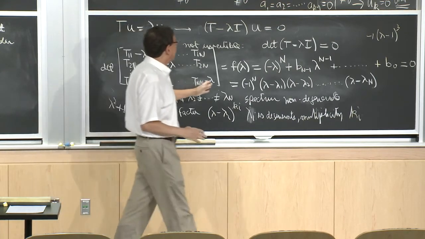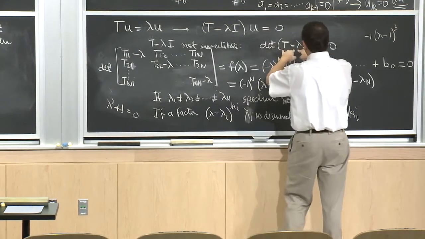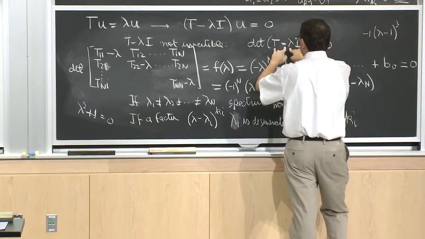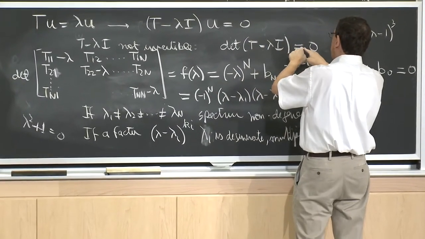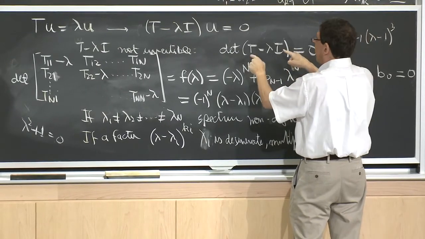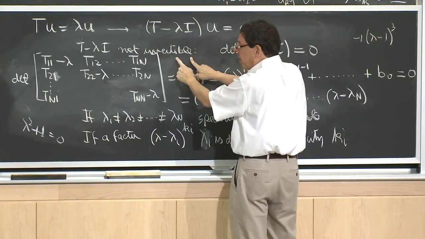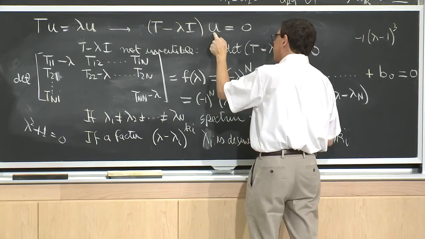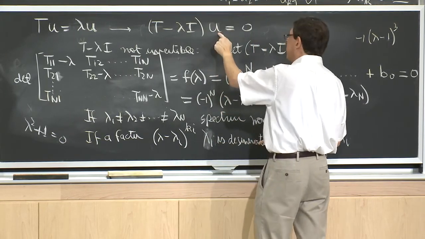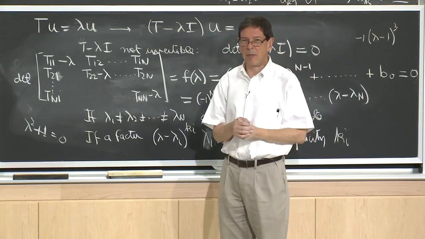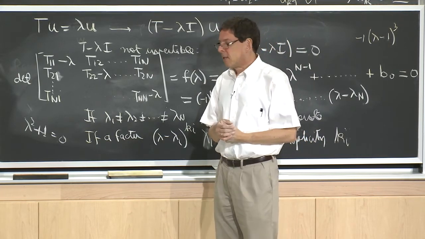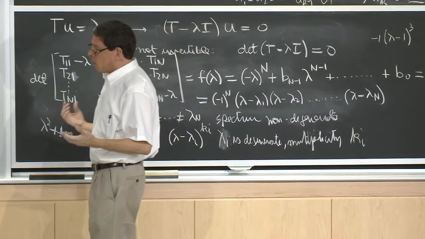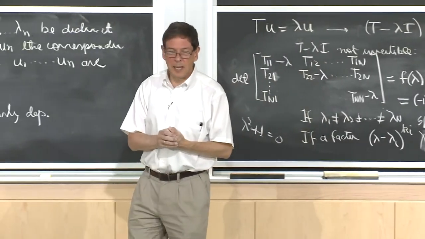If the eigenvalue exists, this matrix, for that eigenvalue, has determinant 0. Therefore, it's not invertible. Therefore, it's not injective. Therefore, it kills some vector, and you're guaranteed you're going to find a vector for that eigenvalue. So this is the way you typically compute these things.